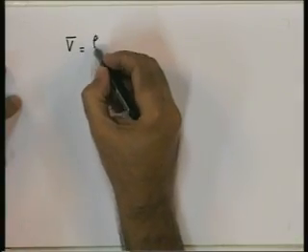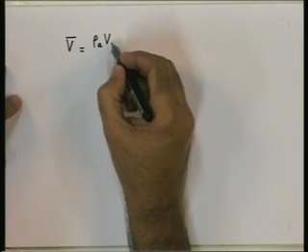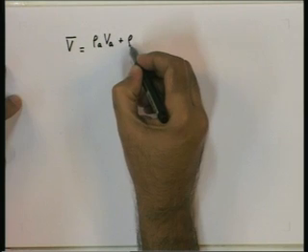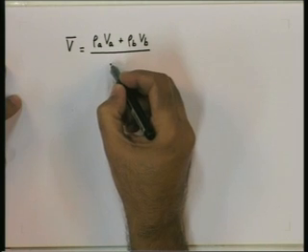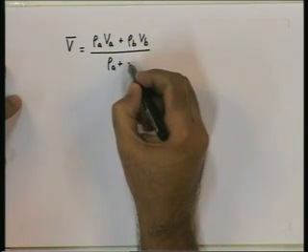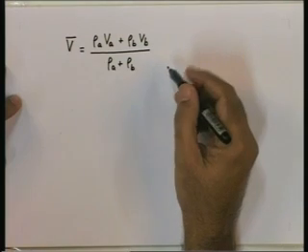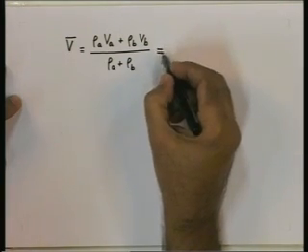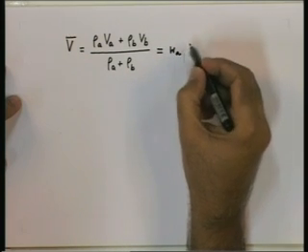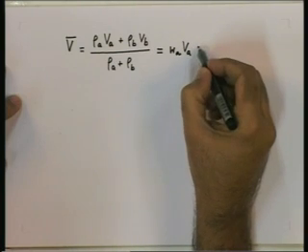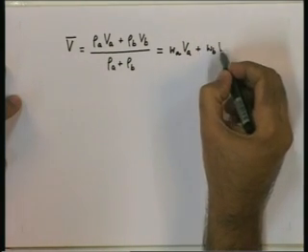So, instead of V bar m, we may define a V bar, the mass average velocity, which will be the mass density of A into VA plus the mass density of B into VB divided by the sum of the mass densities, which is the total density. If the mass fraction is represented by our symbol W, then this is WA VA plus WB VB.